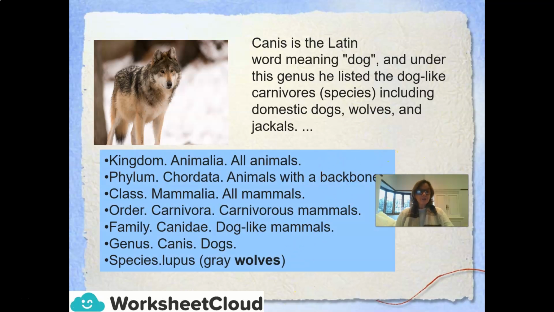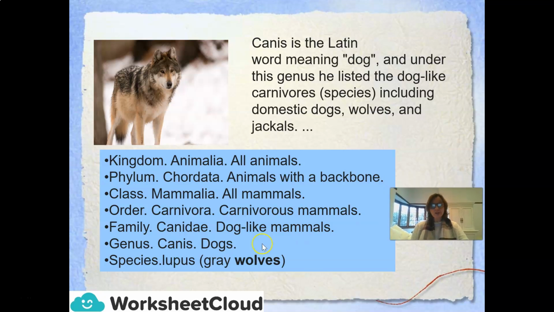So if I had to look at the 7 levels of classification now, the kingdom that Canis lupus would belong to would be Animalia, which is all the animals. The phylum would be Chordata, which is animals with a backbone. Those are our vertebrates, which you all already know what a vertebrate and an invertebrate is. And as we delve deeper into the animal kingdom in grade 7 science, we learn so much more.